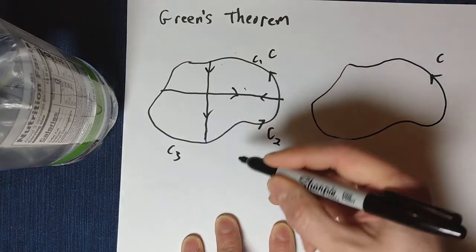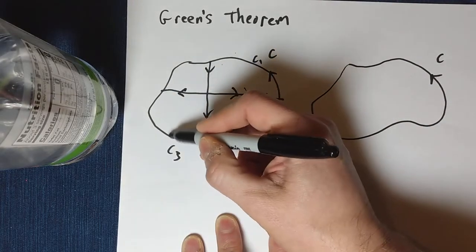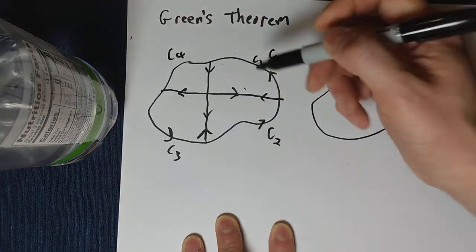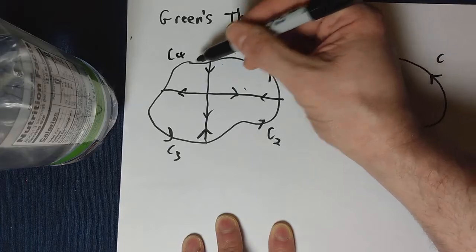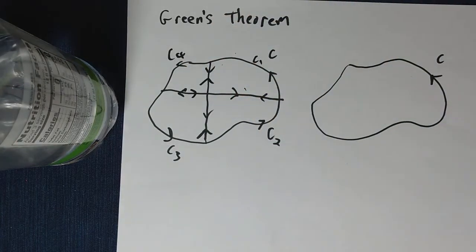And if this is C3, then for this to have positive orientation, we have to integrate in this direction. And then if we call this C4, then in order for this to have positive orientation, it has to be going this way, that way, that way.